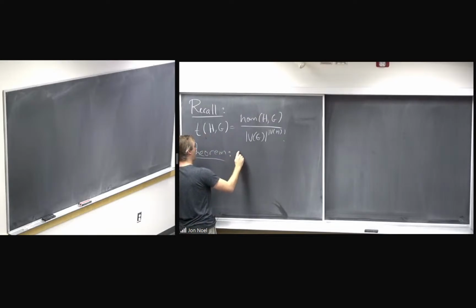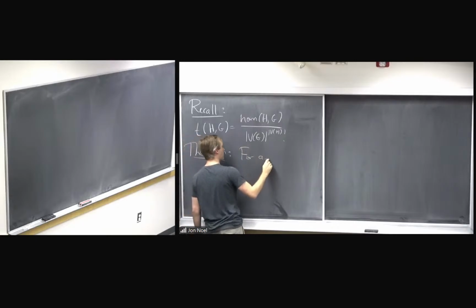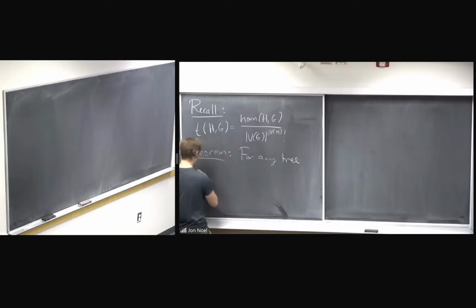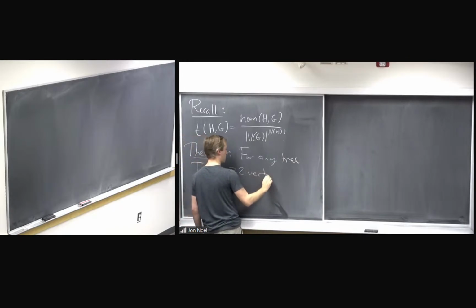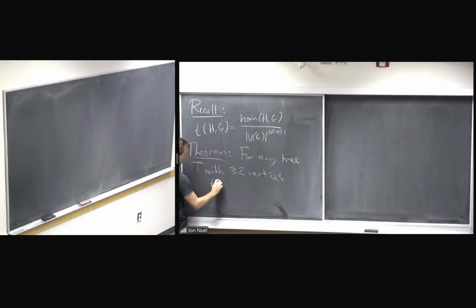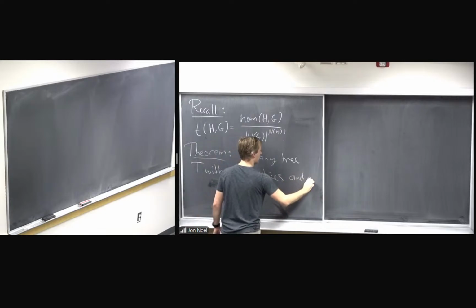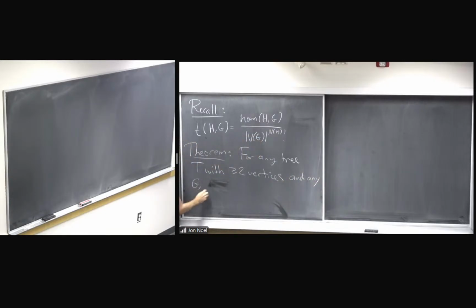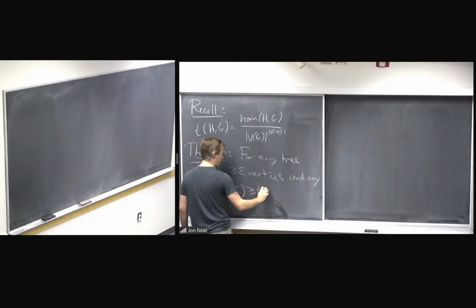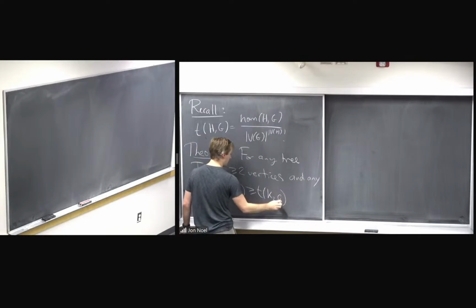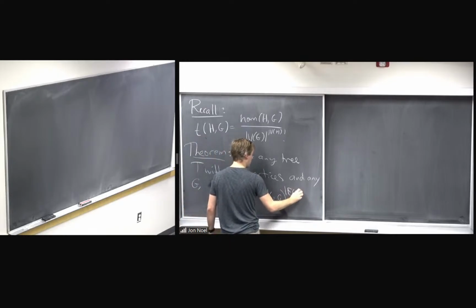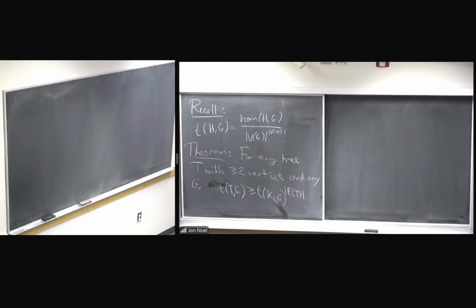We're going to prove that for any tree T with at least two vertices, and any graph G, the homomorphism density of T in G is at least the homomorphism density of K2 in G to the power of the number of edges in the tree.